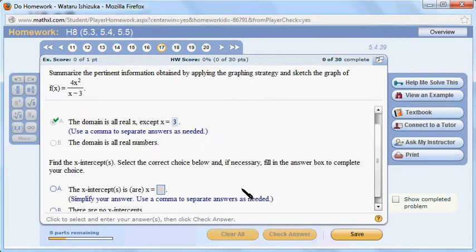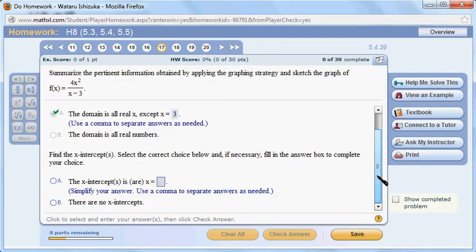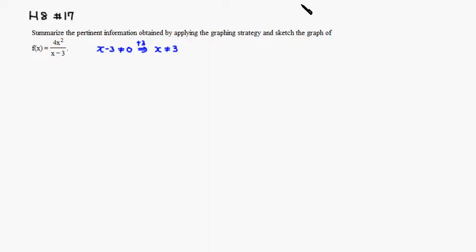We got that. The next question: we want to find the x-intercept.